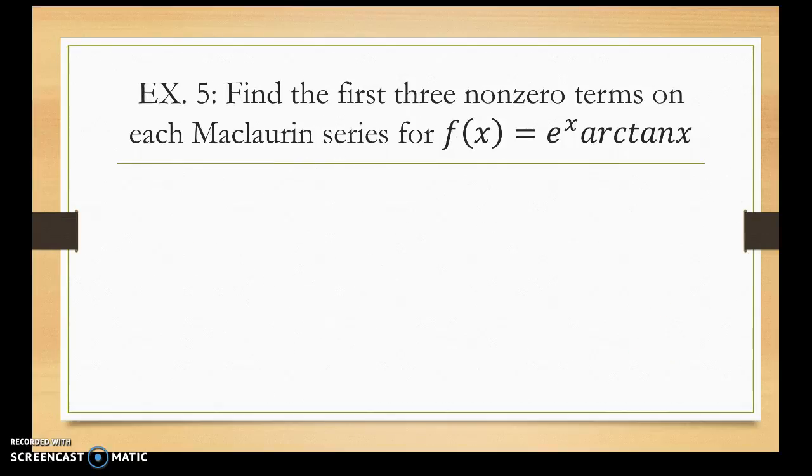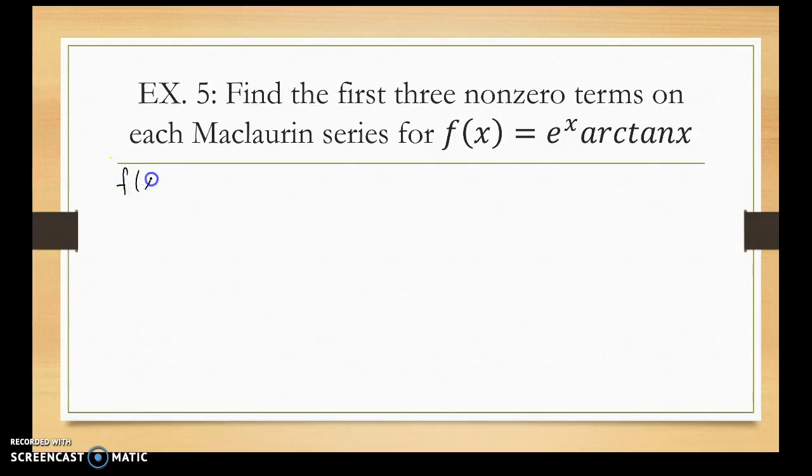Okay, last example, find the first three non-zero terms of the Maclaurin series for e to the x times arctan of x. So this is where knowing what the first terms of the series are will help us. I'm not looking for the power series itself. I don't need what the nth term is. What do I know?